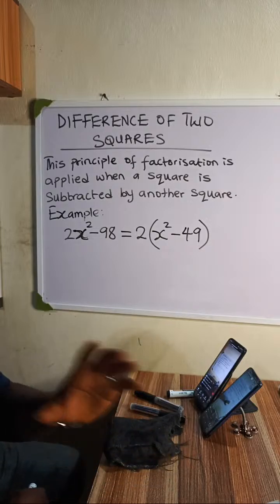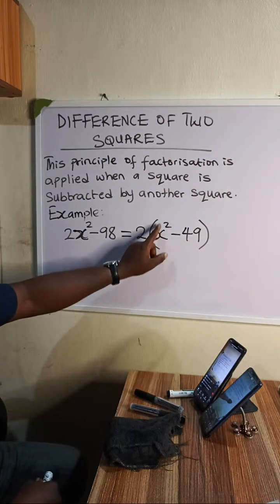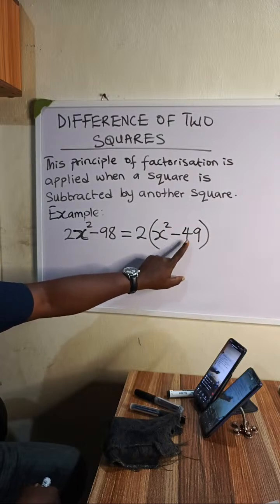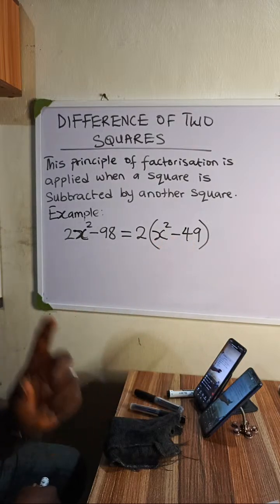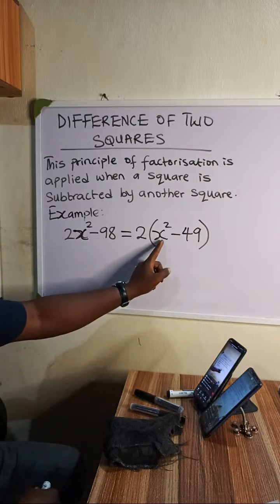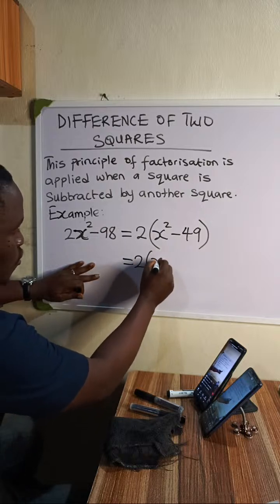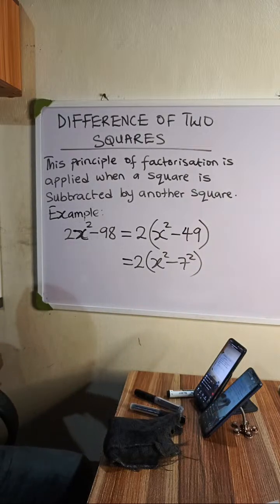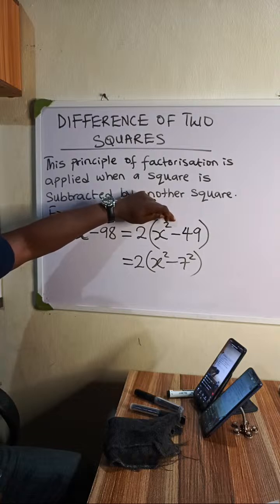If you look over here, we can still factorize using difference of 2 squares, because we have x squared, a minus which is a difference, and 49. 49 can be converted to 7 squared. So this can be rewritten as 2 parentheses x squared minus 7 squared.